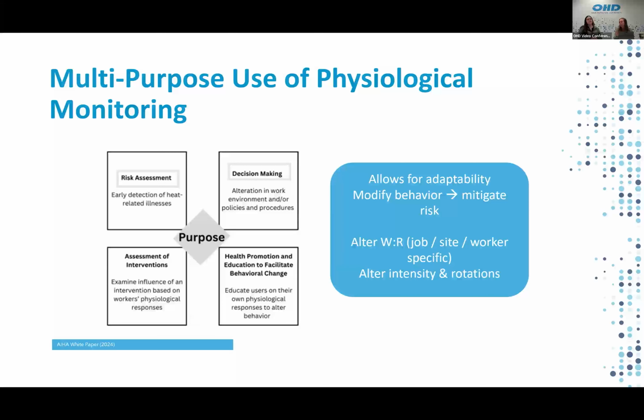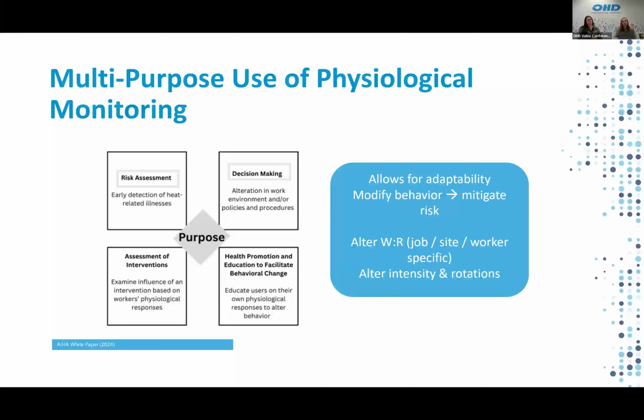So you would never ignore any signs or symptoms indicating some sort of heat illness. The role of physiological monitoring for risk assessment is to provide some objective data to help you make decisions to either stop or modify what is obviously some sort of exposure.